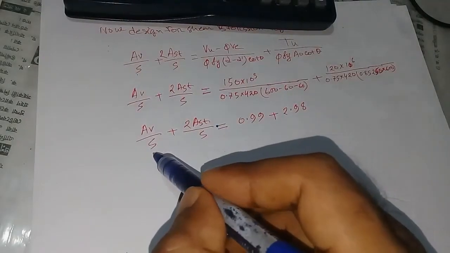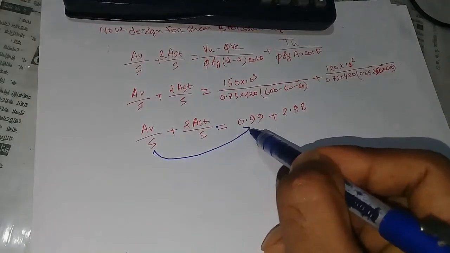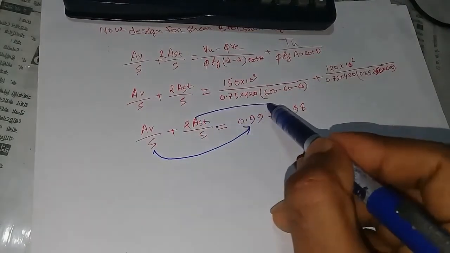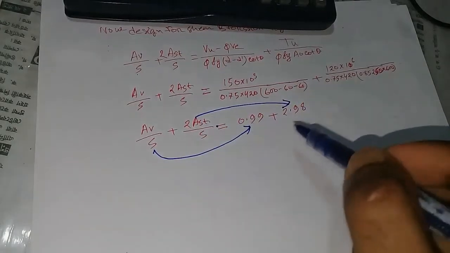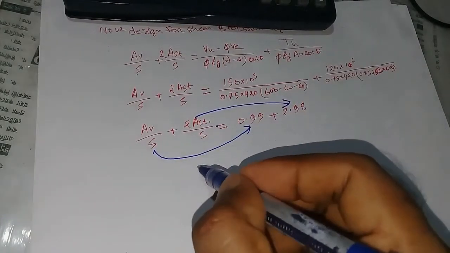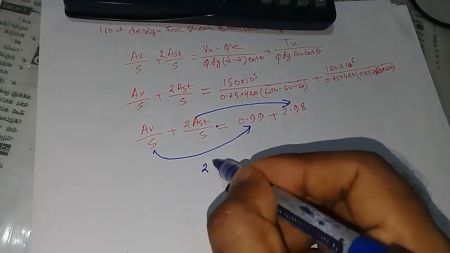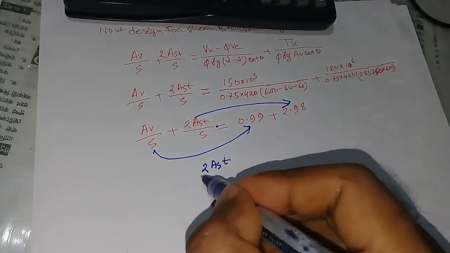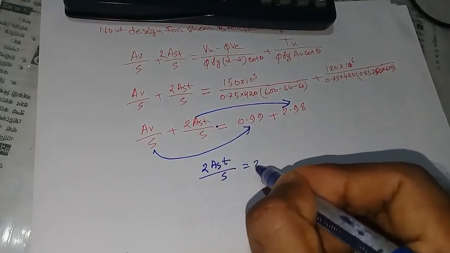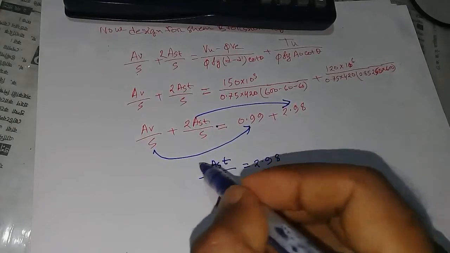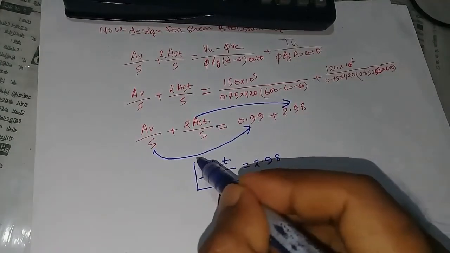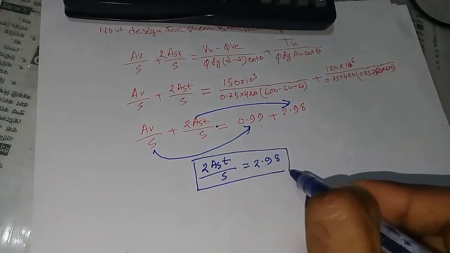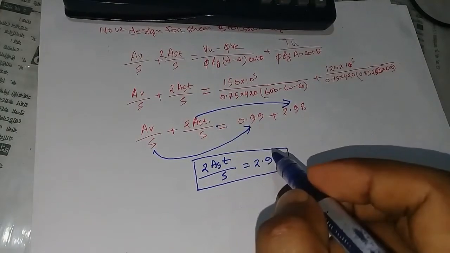So normal shear requires this reinforcement and torsion requires this reinforcement. So we can say 2Ast divided by s equals 2.98. That will be boxed for torsion reinforcement.